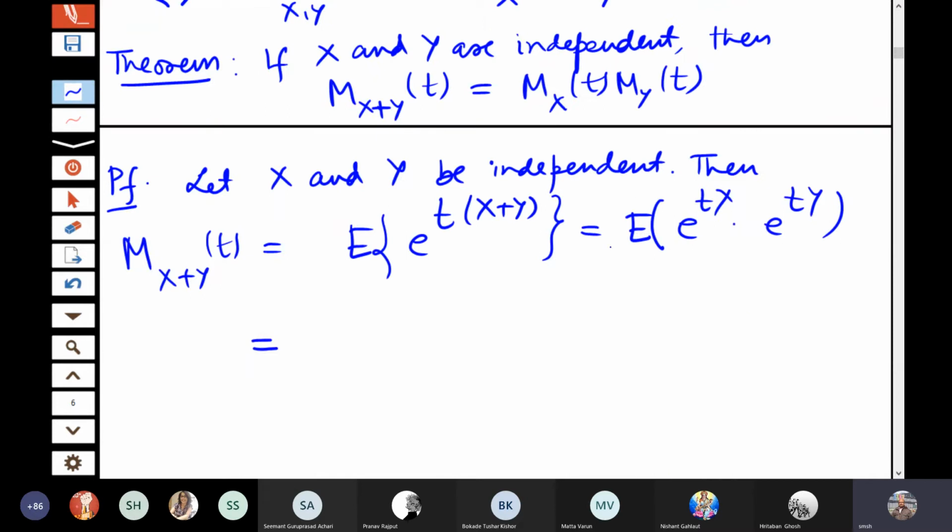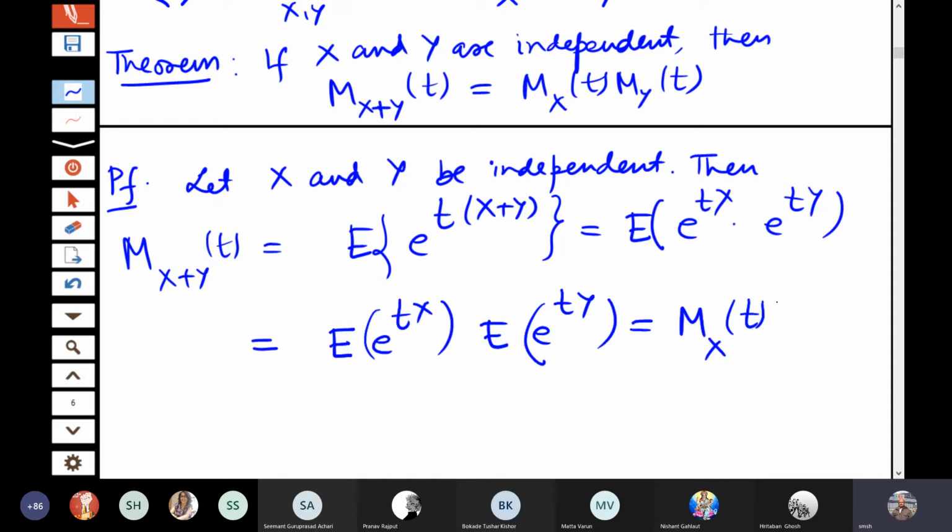Now if the random variables are independent, then you have one function of x and another function of y. So the expectation of the product becomes the product of the expectations, that is expectation of e to the power tx into expectation of e to the power ty. That is nothing but the moment generating function of x at t and the moment generating function of y at t. So is this proof clear?